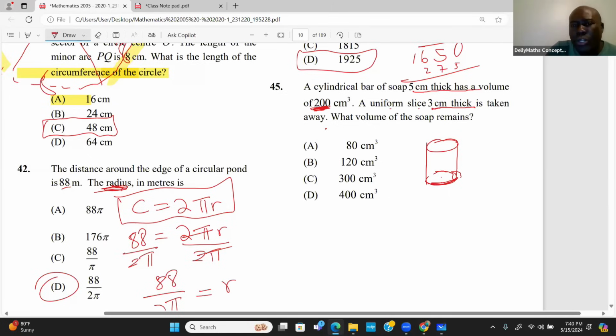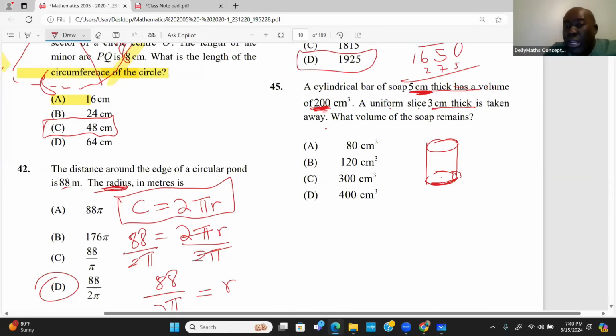We're told that the bar of soap is 5 centimeters thick, and you're taking 3 out of it, leaving 2. So it's 5 centimeters thick with this volume, and you're taking 3 out of it.